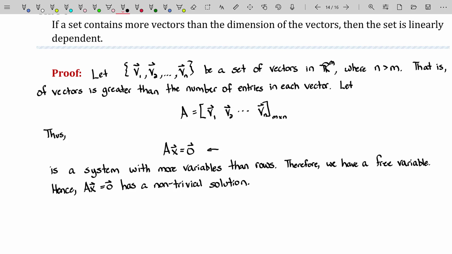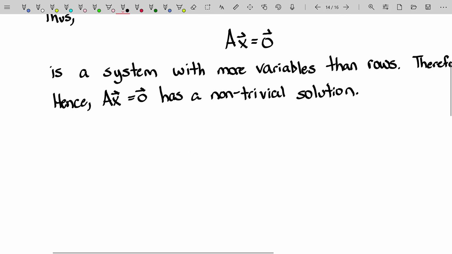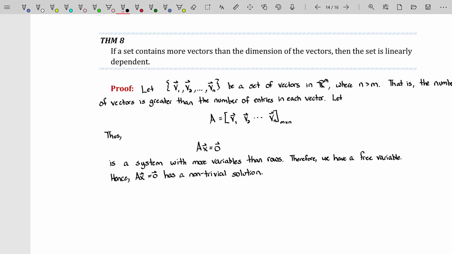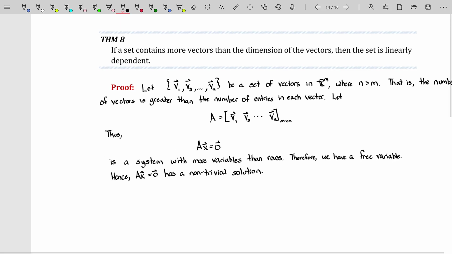Again, I can guarantee that because we have a free variable. A free variable increases the number of solutions. We started with just the trivial, now we have more than just the trivial solution, so we have a non-trivial solution. Since it has a non-trivial solution, the columns of A, which are the vectors that we're interested in, are linearly dependent.